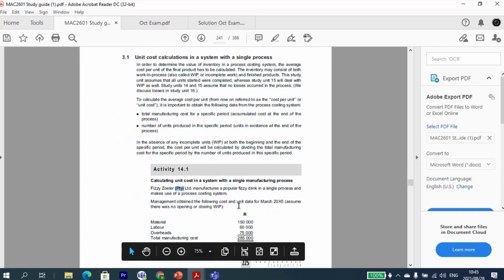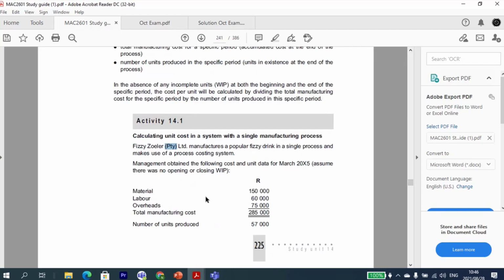Management obtained the following cost and unit data for March. And we are making an assumption that there's no opening or closing work in progress. So this is not an instance whereby by the time you start your process, you're starting with things from the previous process. You're dealing with this specific process and there is no opening or closing WIP.